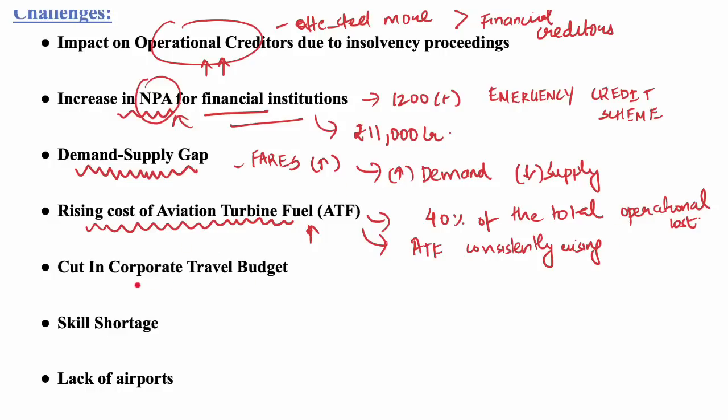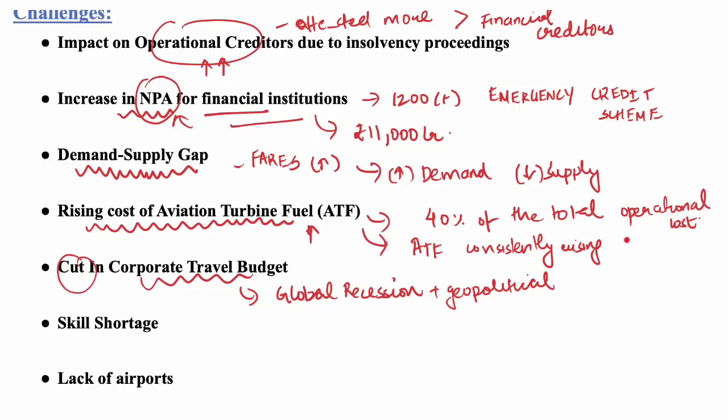Another issue that the airline industry faces today is the cuts in corporate travel budgets. Due to the fear of global recession and geopolitical turmoil around the world, the corporate travel budget has been estimated by international financial institutions to go down in 2023.